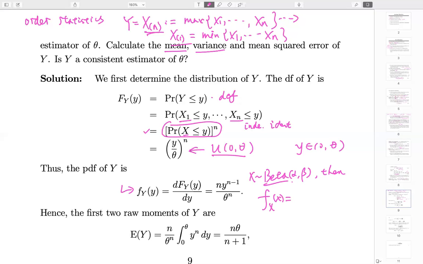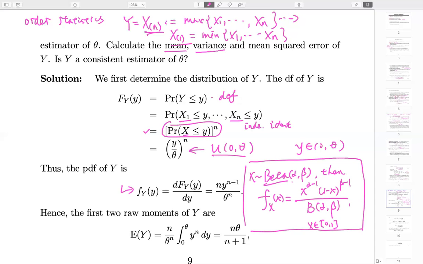Then I can write the PDF as x to the alpha minus 1, times 1 minus x to the beta minus 1, divided by the beta function, which is basically just the integral of your numerator. So here your x is between 0 and 1. So this is the beta distribution.